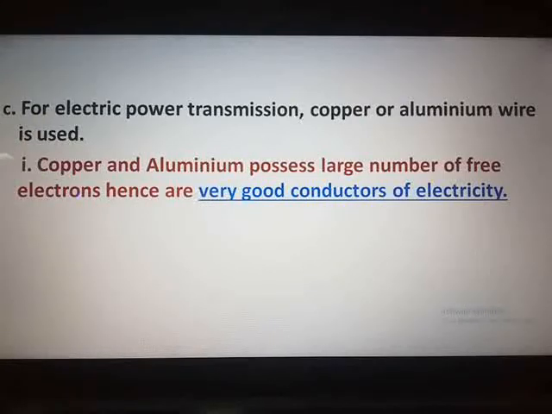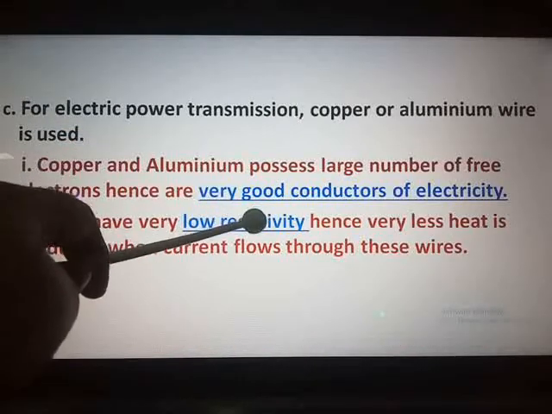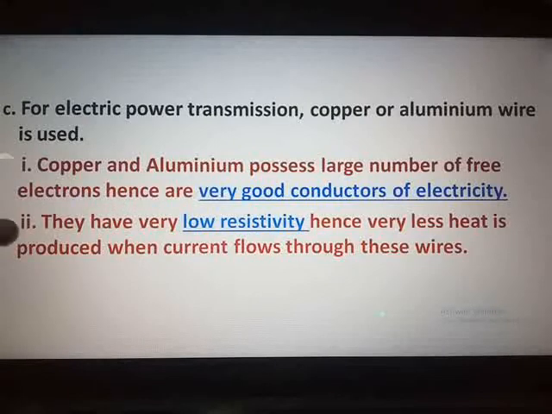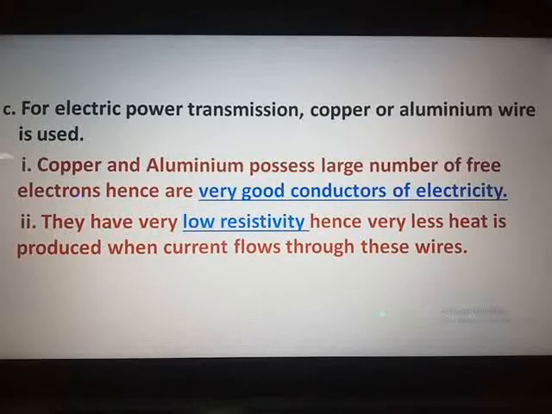When you are using it in electric power transmission, whatever thing you are taking should be able to conduct electricity. So copper and aluminium have a large number of free electrons, so they are good conductors. Second point, they have very low resistivity, hence very less heat is produced when current flows through these wires.